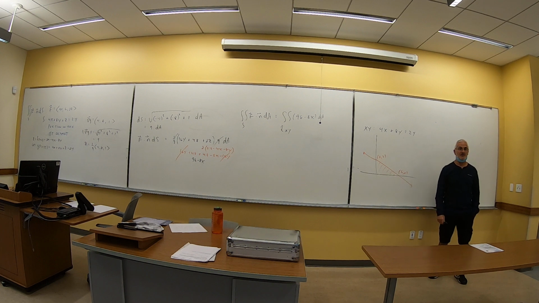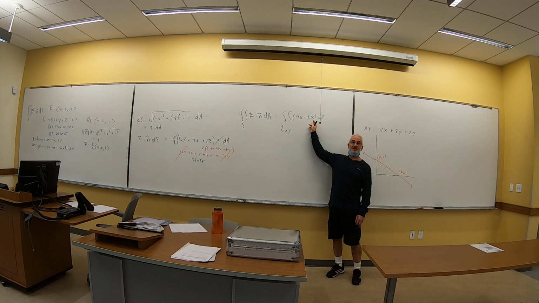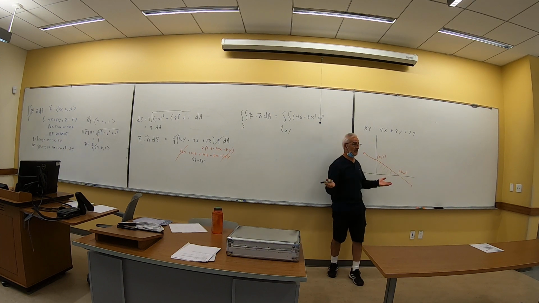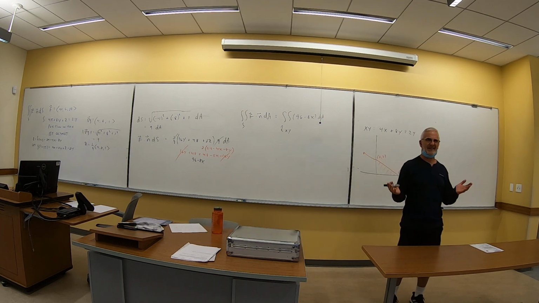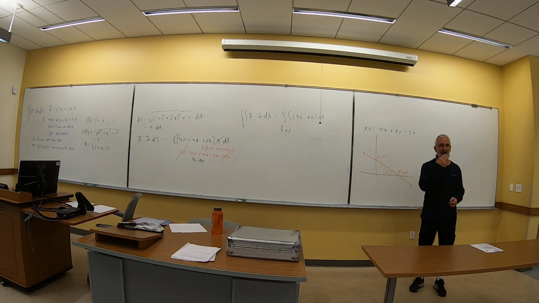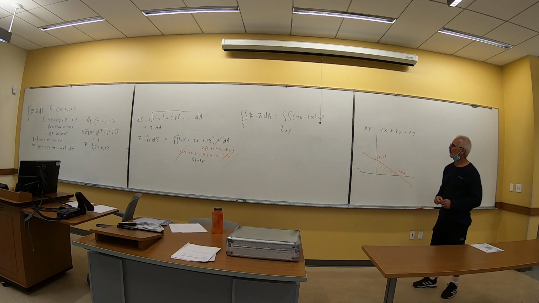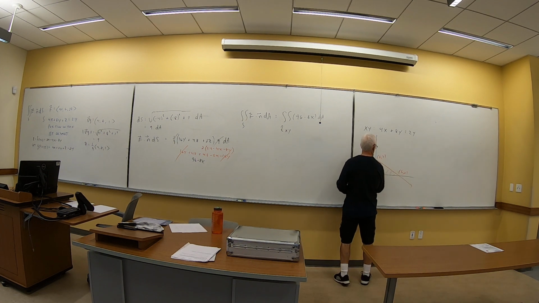It makes no difference. If this were x to a larger power, then it's a no-brainer. You absolutely would go y first. You don't want to be raising a polynomial to a large power. But it's only x to the first power. So it's really not going to make any difference in terms of the difficulty of the problem. But I'm pointing it out because sometimes you have to use that in your strategy, just saying, algebraically, what would be easier? So let's suppose you want to go this way.